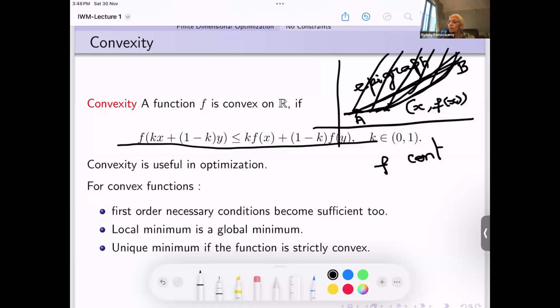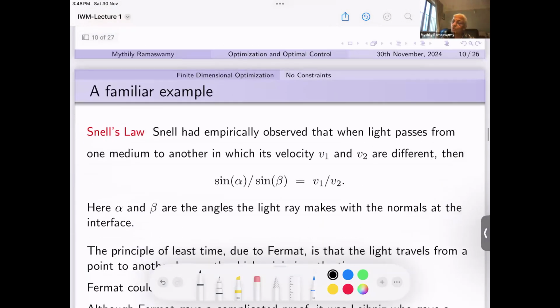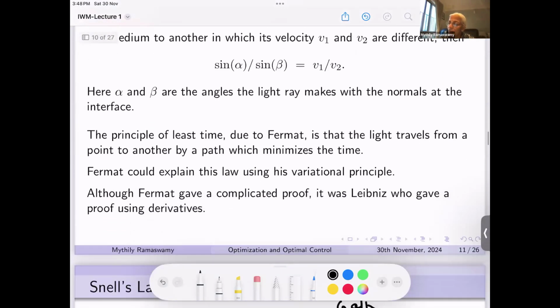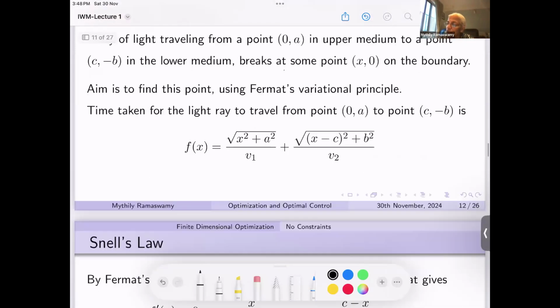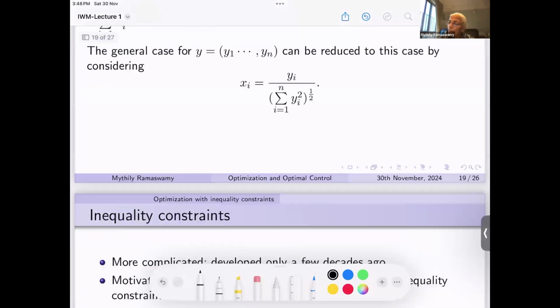And a local minimum becomes global, etc. And if you are strictly convex, what is strict convexity? This inequality becomes a strict inequality. Then you will get only one minimum. Then you don't have to worry about anything. Okay. So that is what; let me go back to the references.